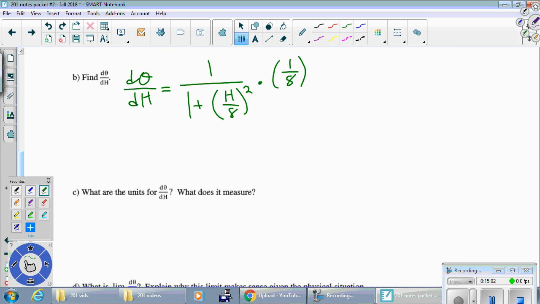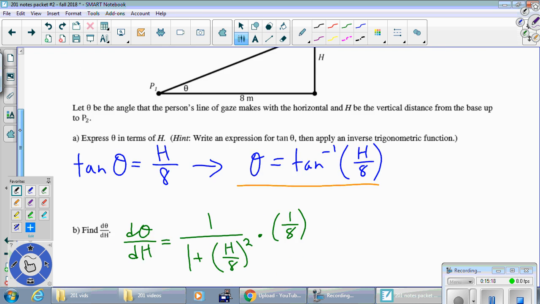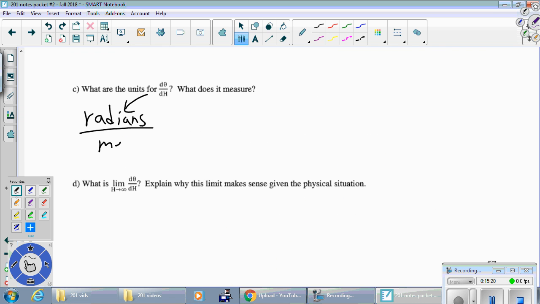And then C says, what are the units for d theta dh? So we know that the units are always the units for the top over the units for the bottom. Theta is an angle, so it's got to be measured in radians, not degrees. And then h, what was h measured in? Meters. So the units for d theta dh are radians per meter. What does it measure?